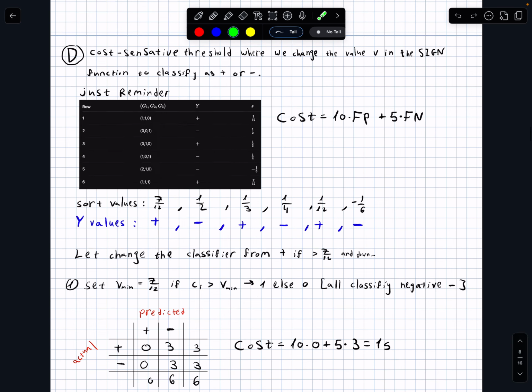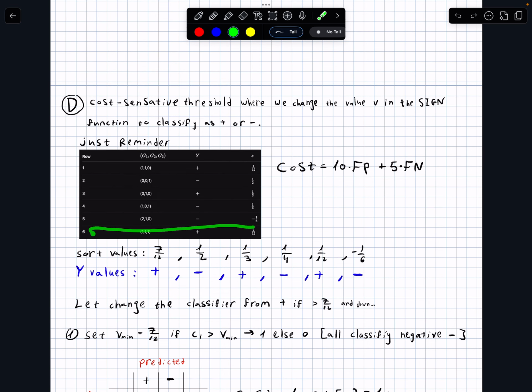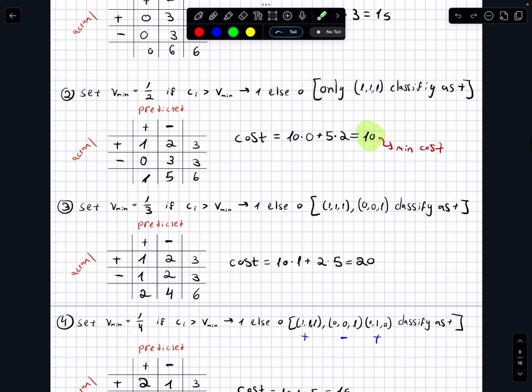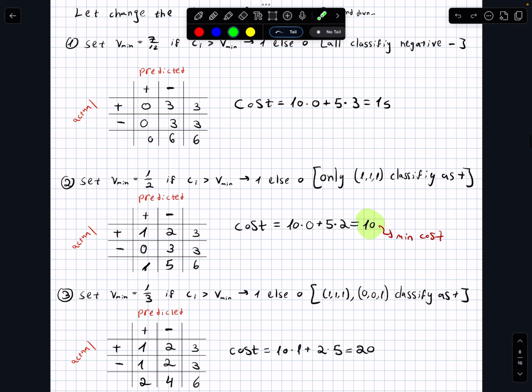We can check this really easily: 7 divided by 12 is positive. So we have 1 true positive, we have 2 that we were wrong about, which are false negatives, and 3 that are true negatives.